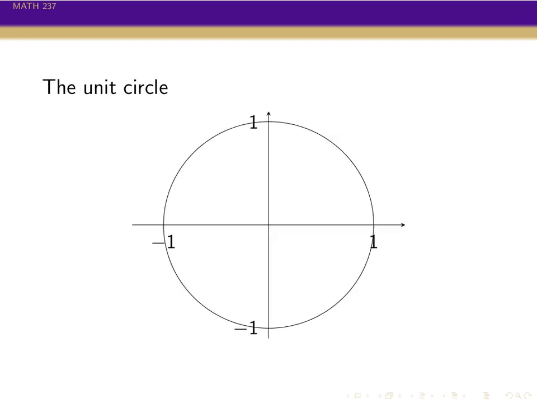Okay. Now there's one special circle that we're going to be using an awful lot, which is the unit circle. So the unit circle is centered at the origin, so centered at (0, 0), and it has radius 1. We are often going to be talking about the points on the unit circle.